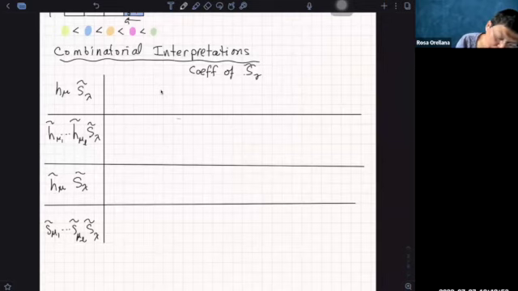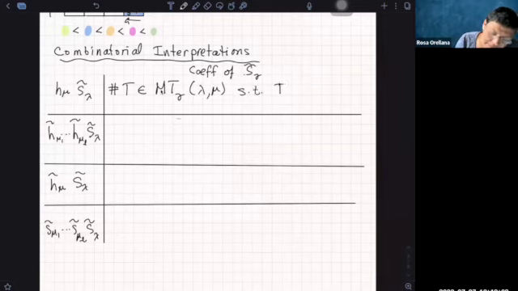So what is the coefficient in each? So in this one, it is the number of T in this multiset, this set that I defined, lambda mu, such that T is lattice, right? Like all the terms defined. And I'll do an example in a second. So maybe I kind of color it: this is what this number is counting, right?